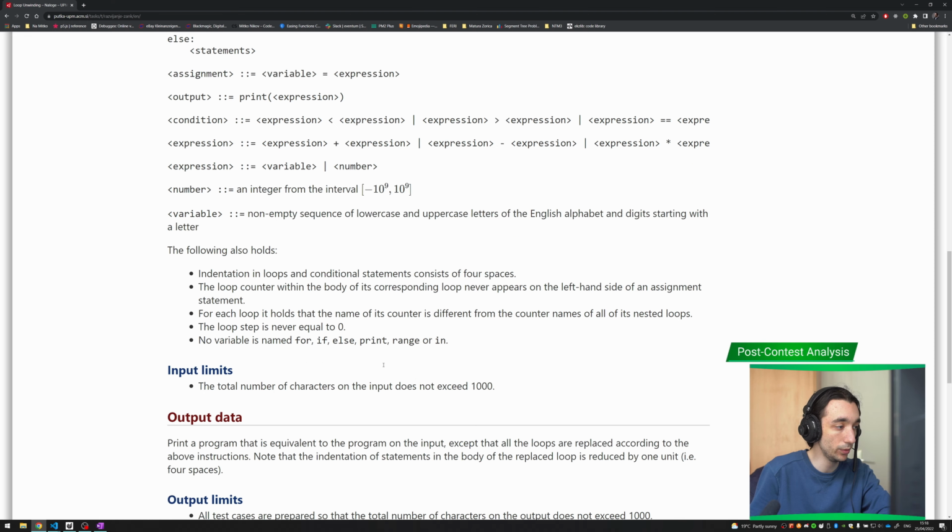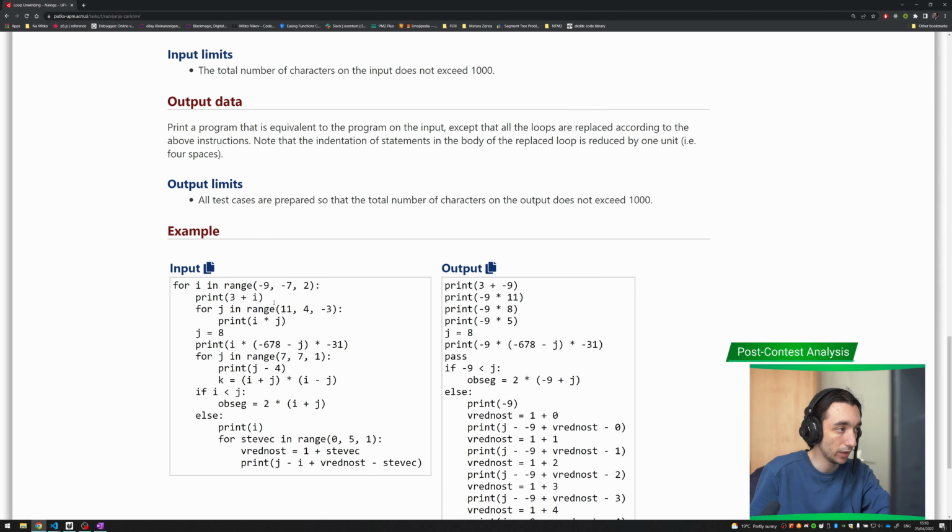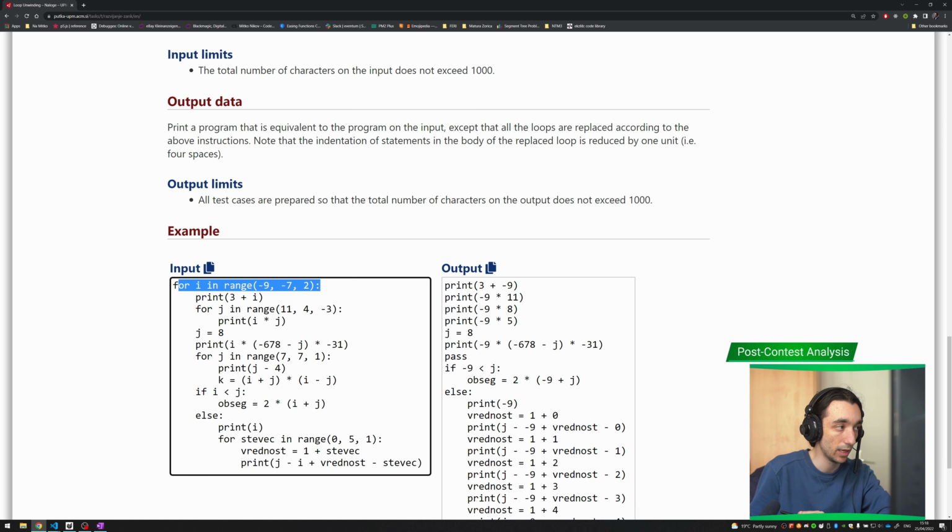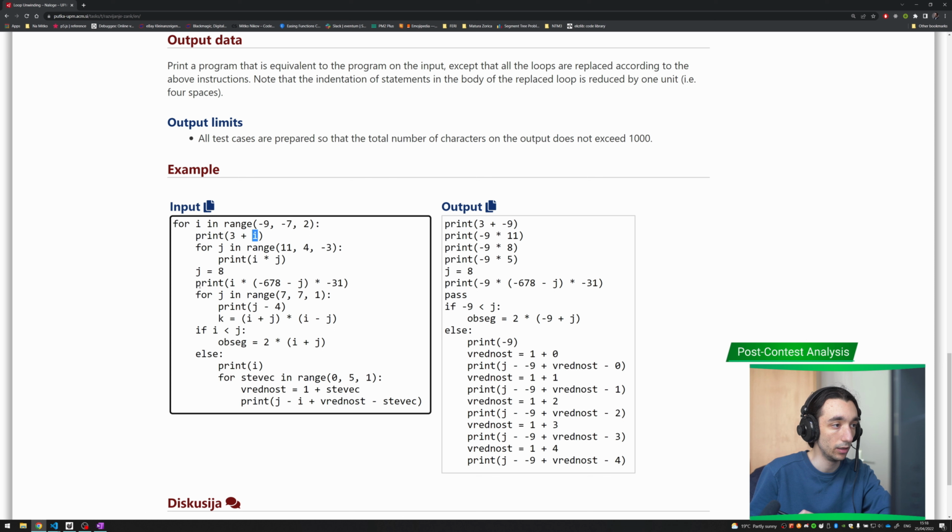What we want to do is, instead of having for loops, we want to interpret the for loops, but not evaluate them, rather change the variables inside the functions and inside the other for loops.